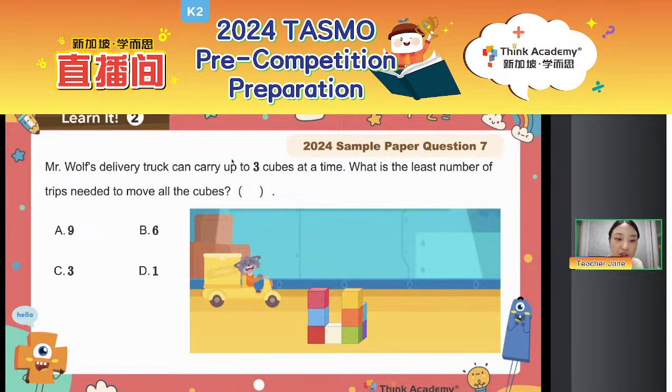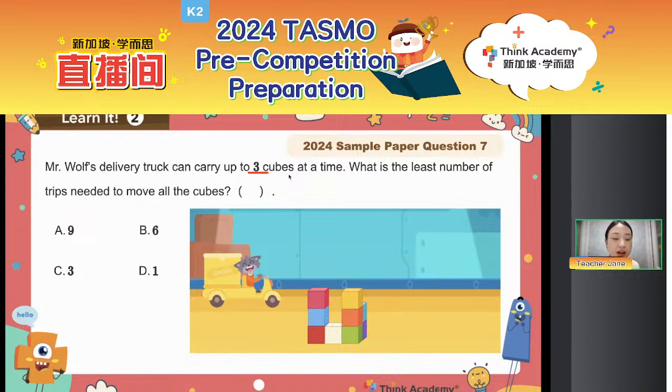Mr. Wolf's delivery truck can carry up to 3 cubes at a time. We can see probably on your paper, I forgot to type the 3, right? So everyone just add the information. This is carry up to 3 cubes at a time. So what is the least number of trips he need to move all the cubes?